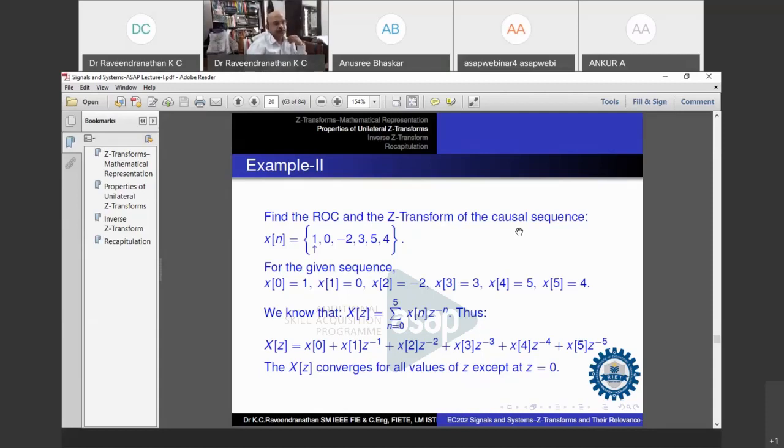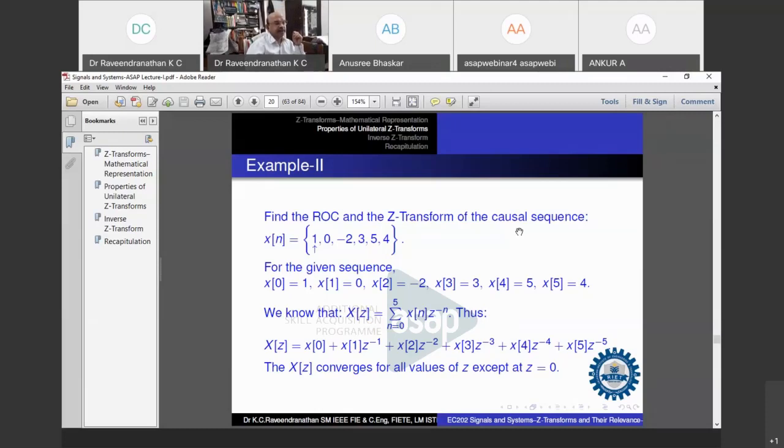One more question, from Ammu Manoharan: what are the applications of ZT in real scenarios? It's a transform, as I said, a very convenient method to obtain the response of a linear time invariant discrete time system, provided you know the impulse response of the system and the input sequence.